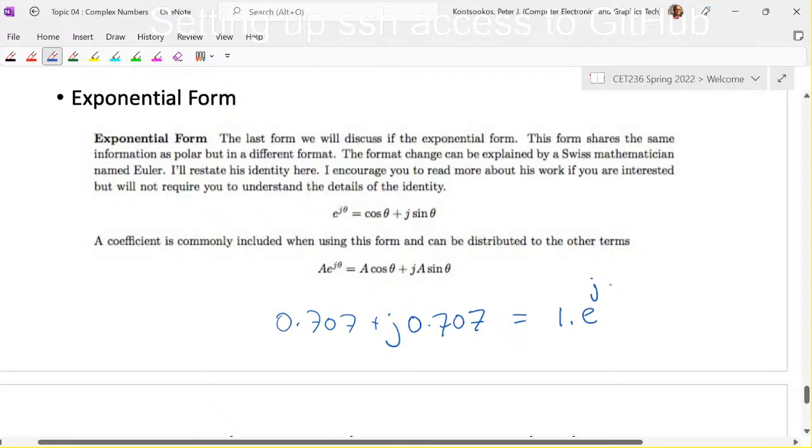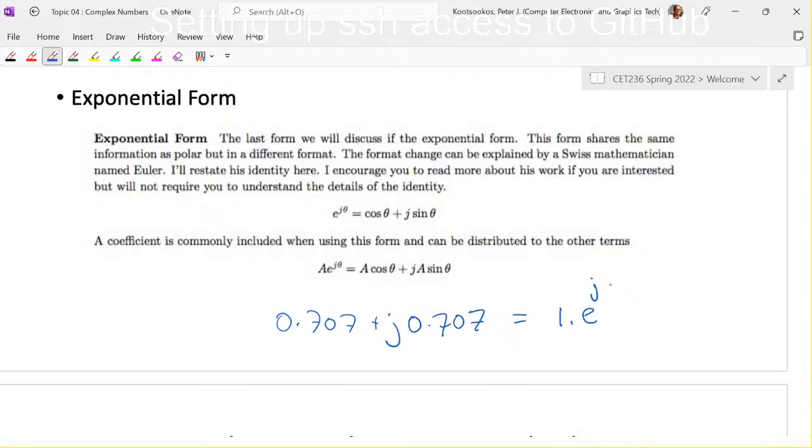Now, your calculators allow you to work in degrees or radians. However, there's an inconsistency with most calculators. If you have your calculator in degree mode and you do cosine of 45, that will give you 0.707.